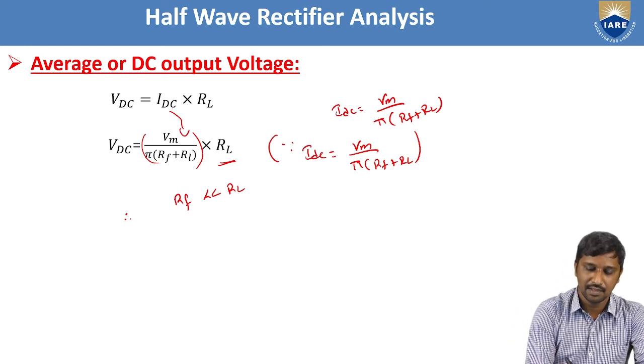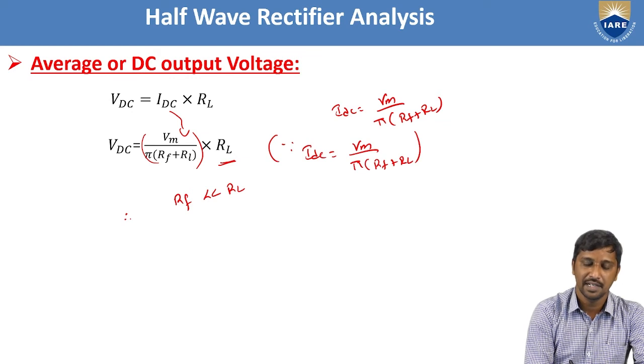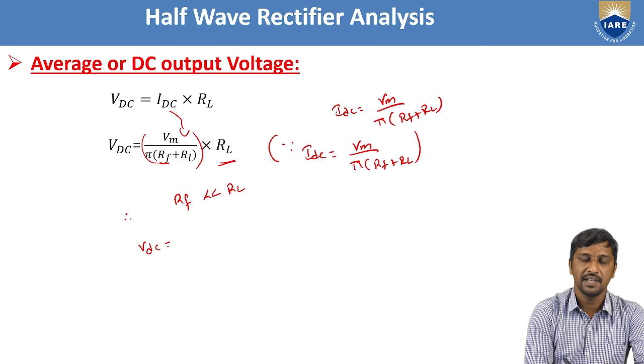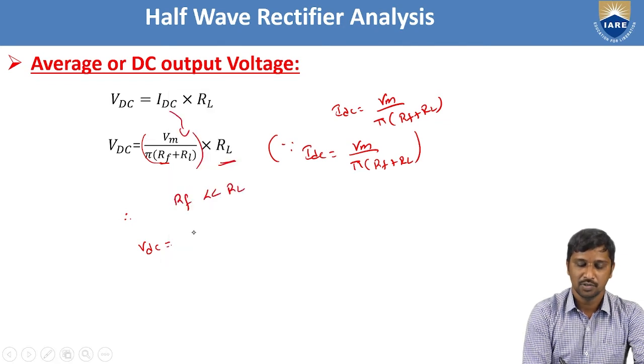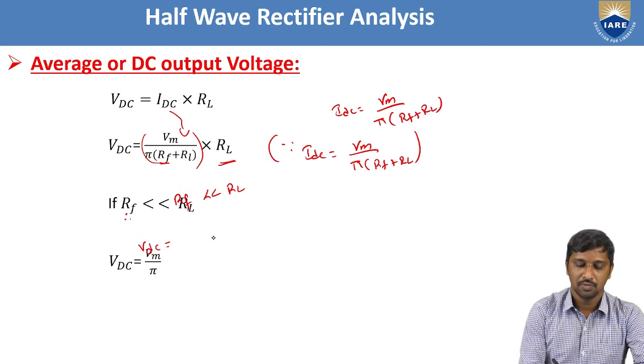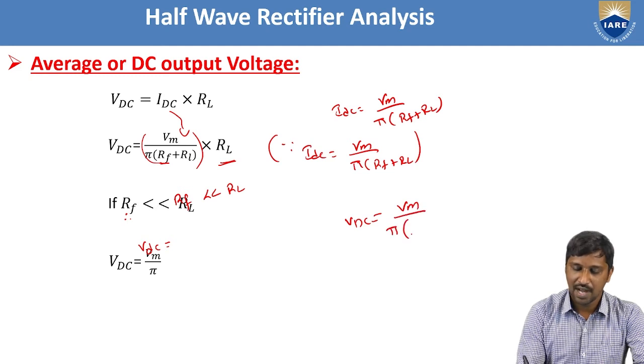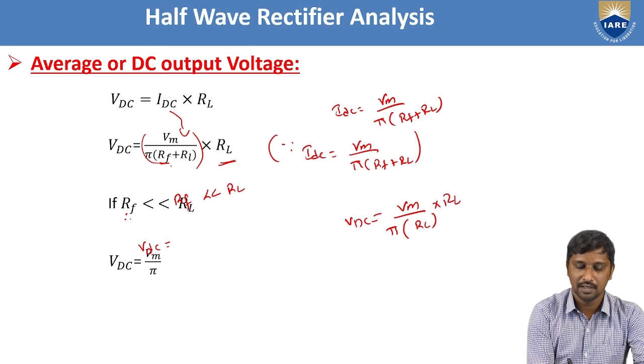Under this condition, we are going to neglect the diode forward resistance. Hence VDC is equal to Vm by pi into RL, over RF plus RL, where I am neglecting RF.